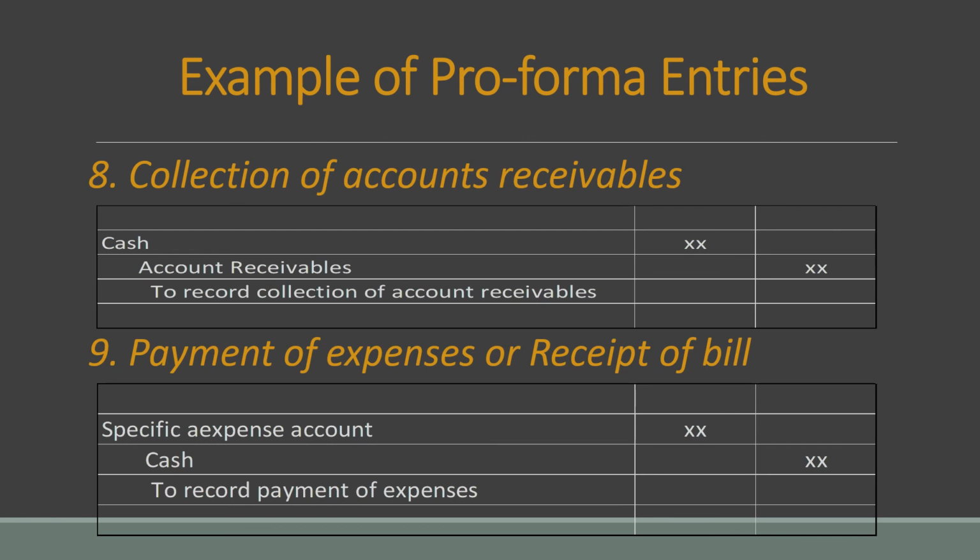And since sinettle na ni customer yung kanyang liability sa inyo, yung account receivable account nyo is i-credit nyo. Kasi nabawasan yung receivable nyo kay customer. Take note that cash and account receivable is an asset account.